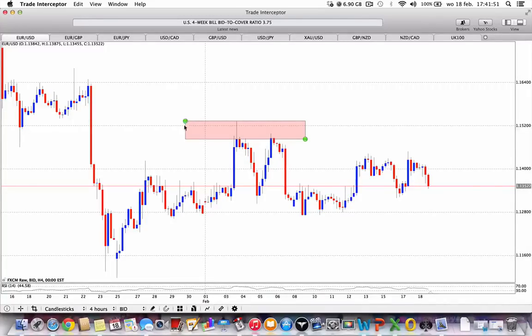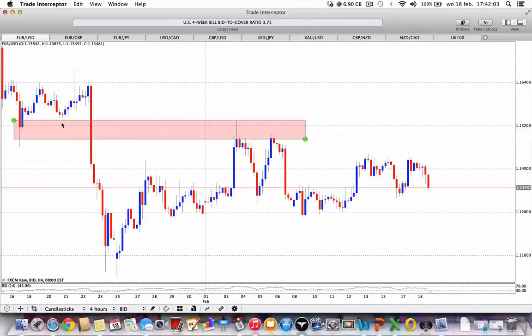The next thing you can do is drag them to your left side, and if you can see that the zone you have drawn a rectangle on had previously been support, you know you are right, because support becomes resistance when it has been violated.